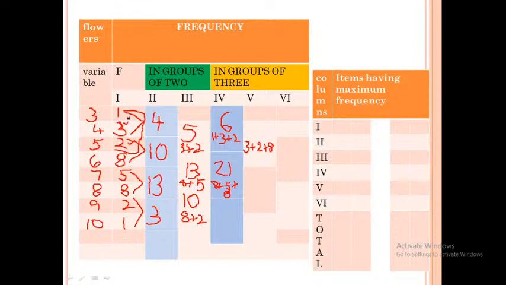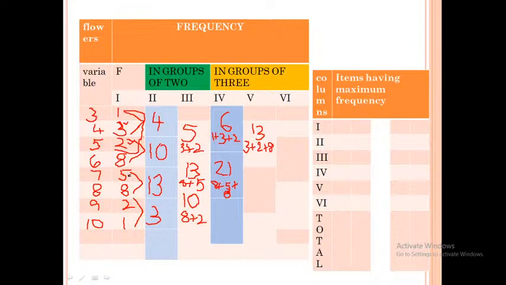The first column is ignored. That is 3 plus 2 plus 8, and that comes to 13.